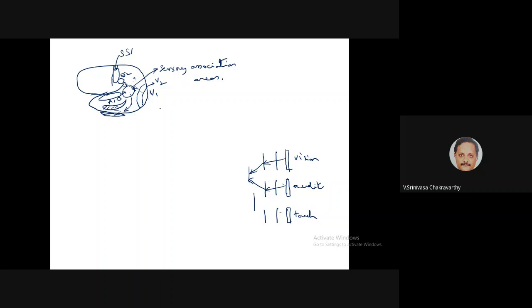So these are all association areas. Similarly, you can find combinations of these things. So you have combinations of all of them beyond a point, and these are my sensory association areas. These are all cortical areas. From here, I now go down towards the subcortical structures.